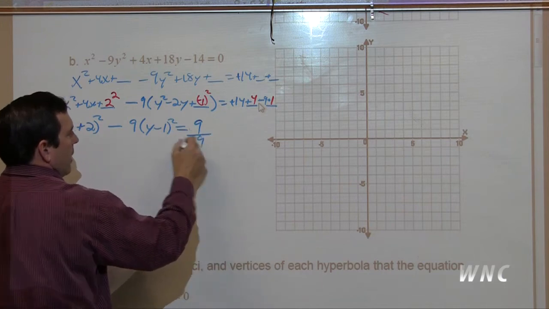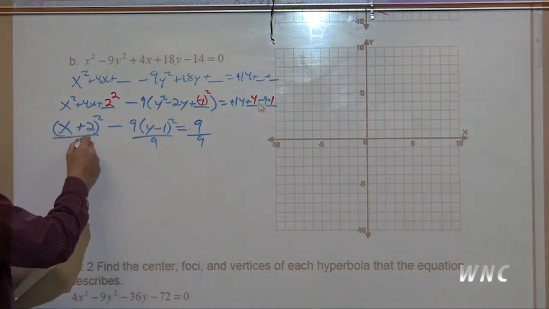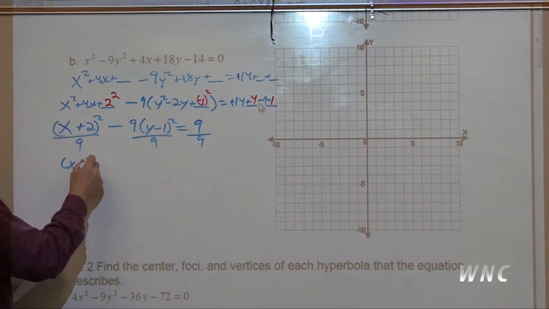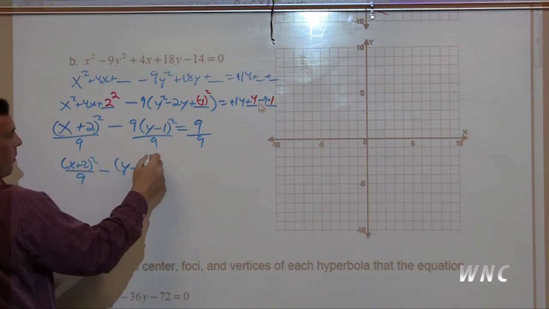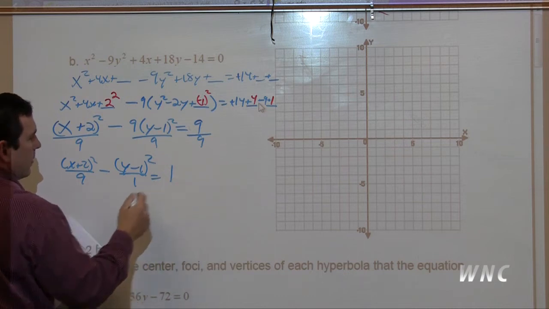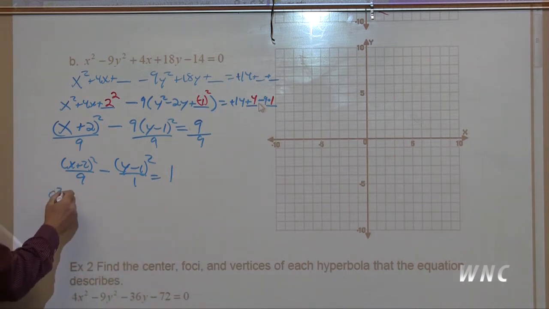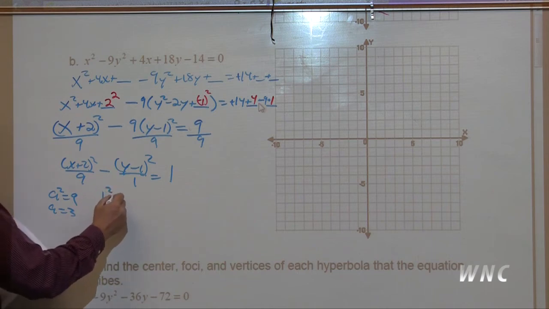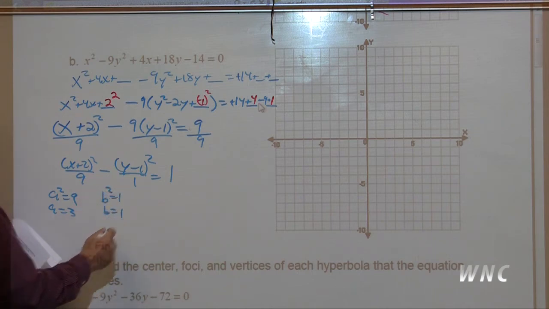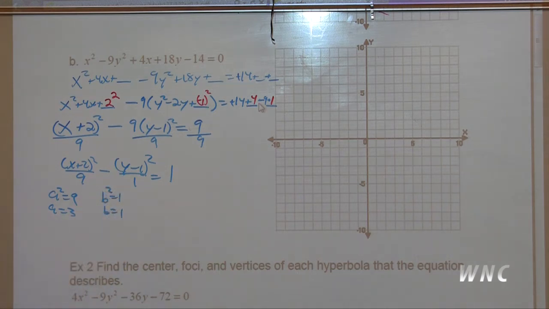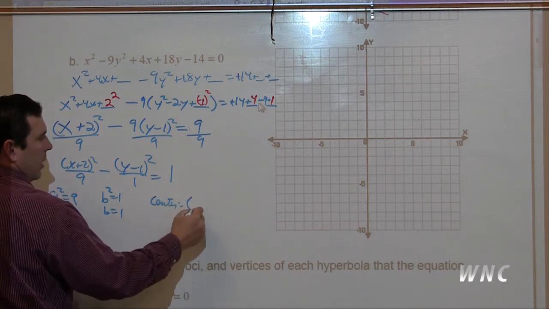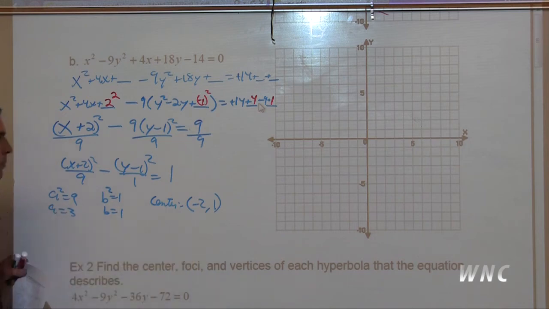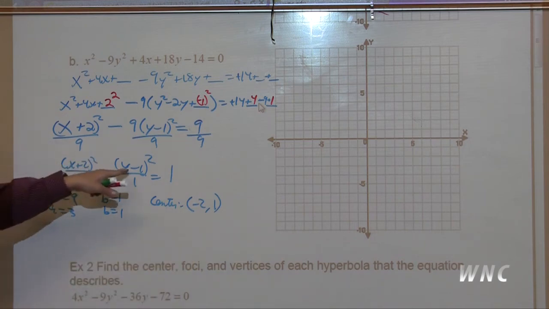Now we divide everything by 9. We have x plus 2 squared over 9 minus y minus 1 squared over 1 equals 1. So a squared is 9, so a is 3. B squared is 1, so b is 1. Our center is going to be located at negative 2, 1.